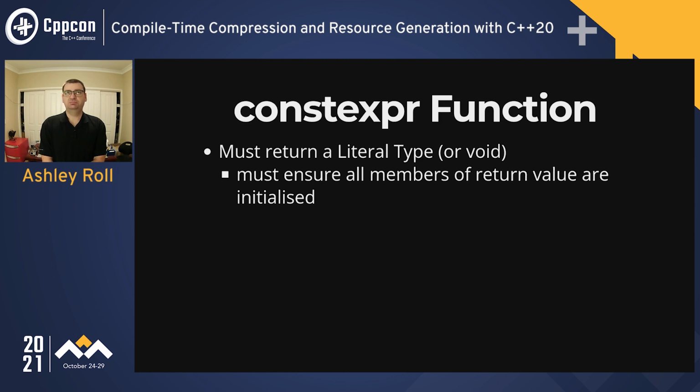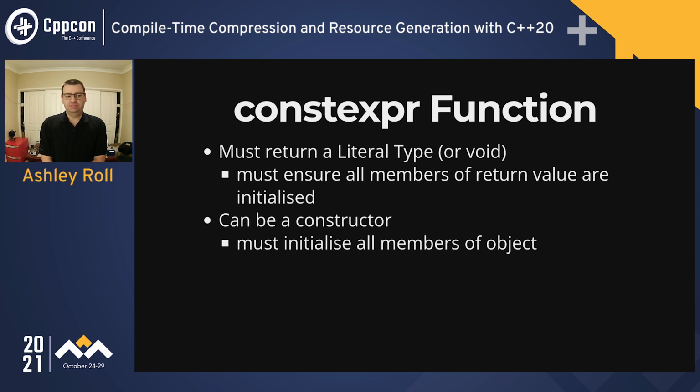And the compiler also works very hard to check for undefined behavior and not let you make any. So it's quite useful in that sense as well. You can have a constexpr constructor, which we will use to create some classes and types that we can use at compile time. And again, if you have a constexpr constructor, you must initialize all members fully in your object.